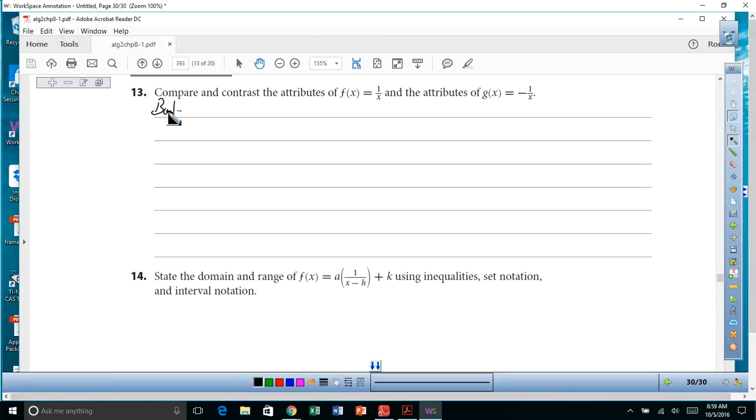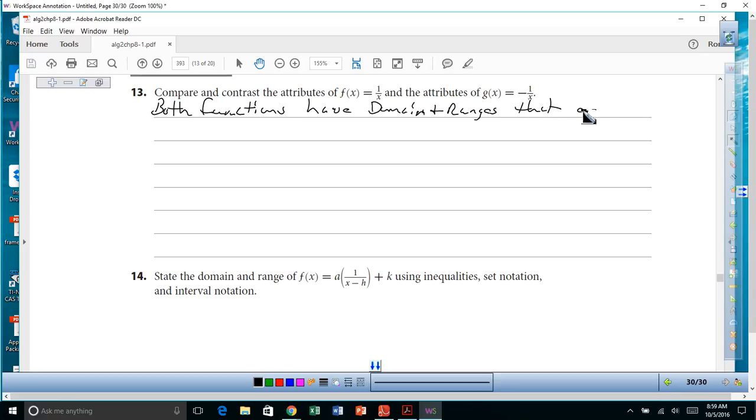Both functions have domain and ranges that approach 0.